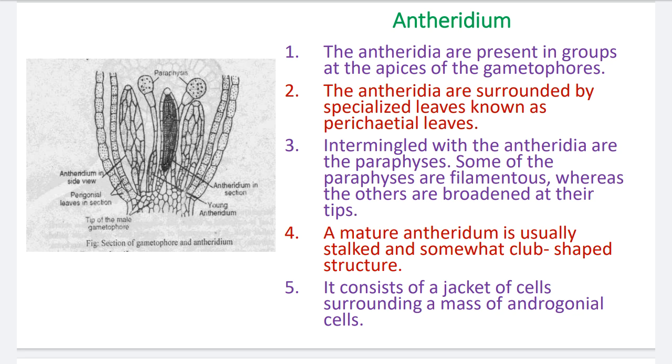The mature antheridium is usually stalked and somewhat club-shaped. Club shape is the structure of the antheridium. Number 5. It consists of a jacket of cells surrounding a mass of androgonal cells. As you know, the antheridium body is made by the androgonal cells or androcytes or sperm mother cells, and they are further covered by the sterile jacket layer.